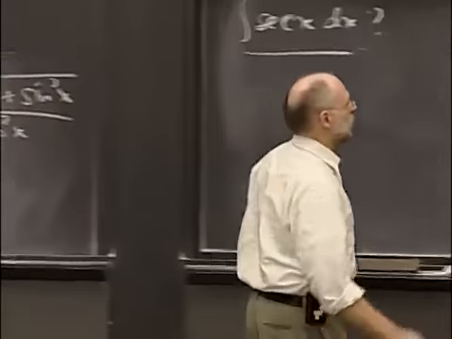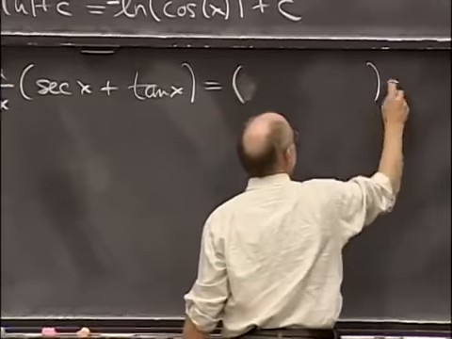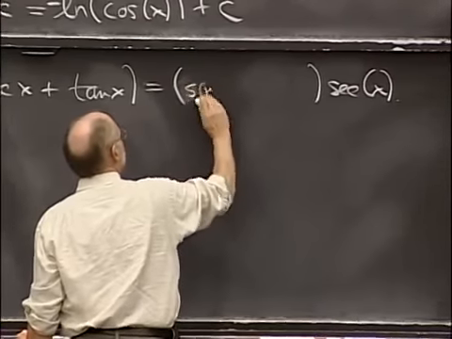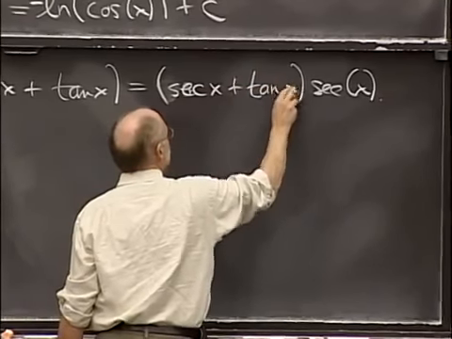So I'll factor it out. There's the secant of x that occurs in both terms, and then in one term there's another secant, and in the other term there's a tangent.